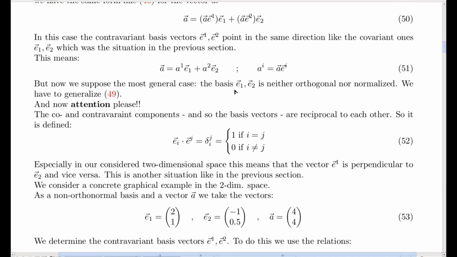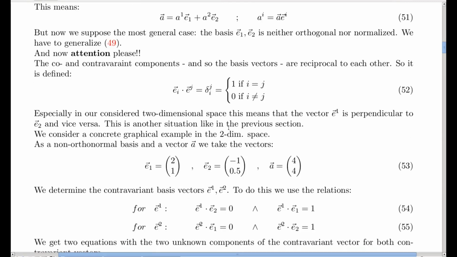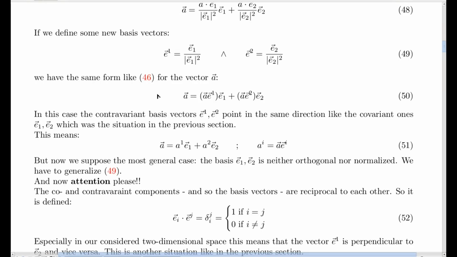The co- and contravariant components, and so the basis vectors, are reciprocal to each other. So it is defined: the covariant basis vector E_i multiplied by the contravariant basis vector E^j is the Kronecker delta. That means we get 1 if the indices are equal and 0 if the indices are unequal.